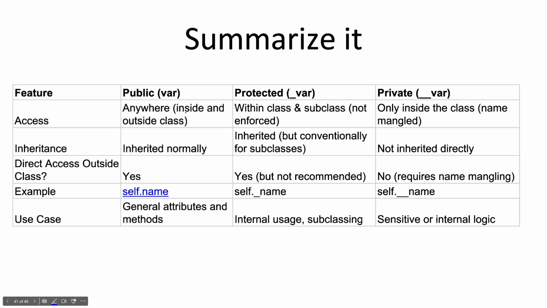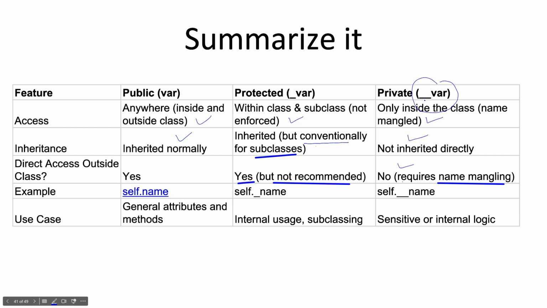We can summarize this. Public can be used anywhere and inherited normally. Protected can be used within the class and inherited, but conventionally for subclasses. Direct access, yes, but not recommended. Private we can't access directly, but we can use name mangling. It is only accessible inside the class, not inherited directly. This attribute will not inherit in a subclass.